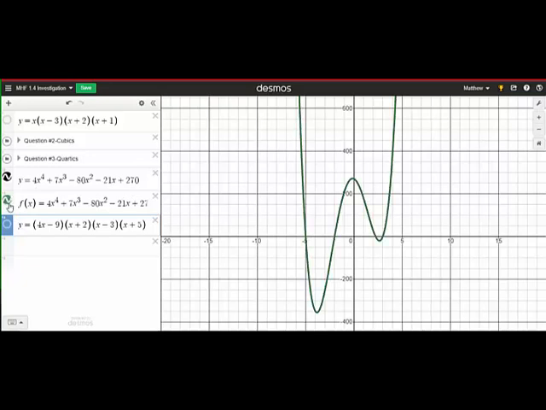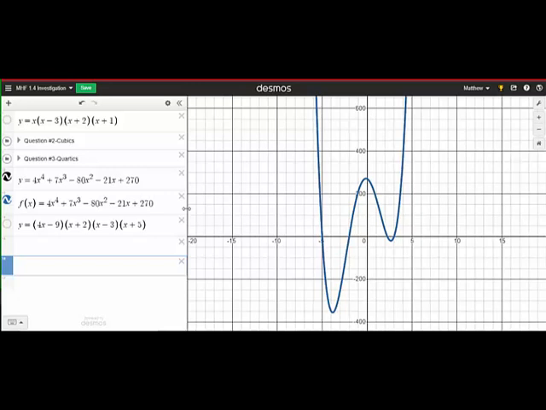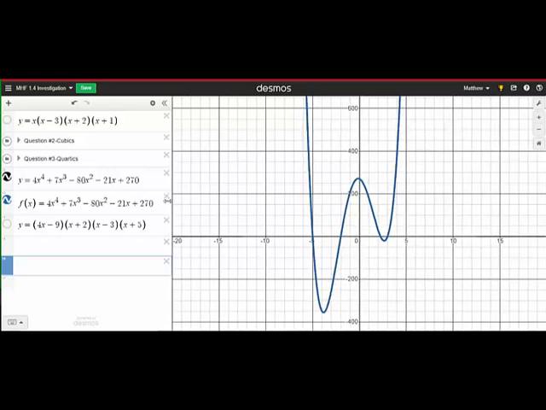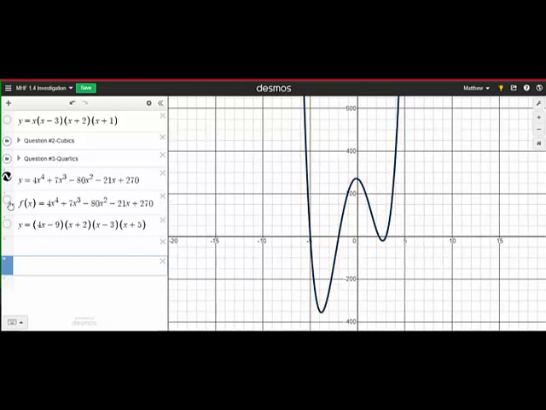Here is the equation that was in blue on the other screen, f of x equals. You can see that the only thing between these two that's any different is that one says y equals, the other says f of x. Otherwise, the actual equations are identical. As I turn this equation on and off, you can see clearly it is fitting the exact same curve, and therefore it must be the exact same equation.